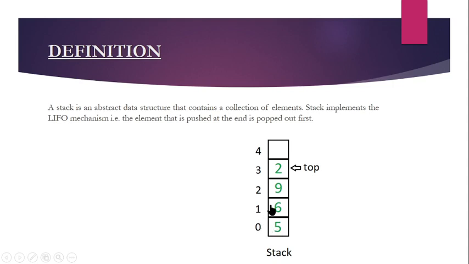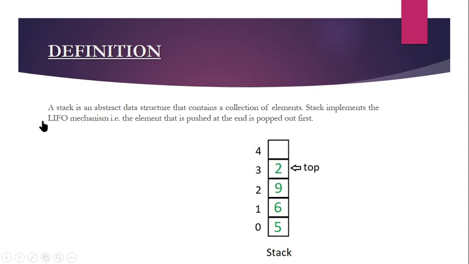We saw how to insert the element. I told you it's going to be inserted one by one, starting with the array of 0 and then 1, 2, 3 and 4. If you want to remove an element, in this example we have till array of 3 filled. If you want to remove an element, remember you can't remove any middle element or the first element. What is inserted at the last is going to be popped out first.